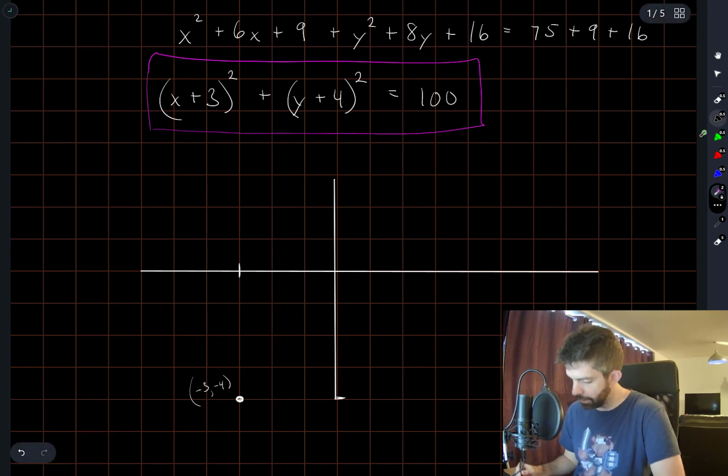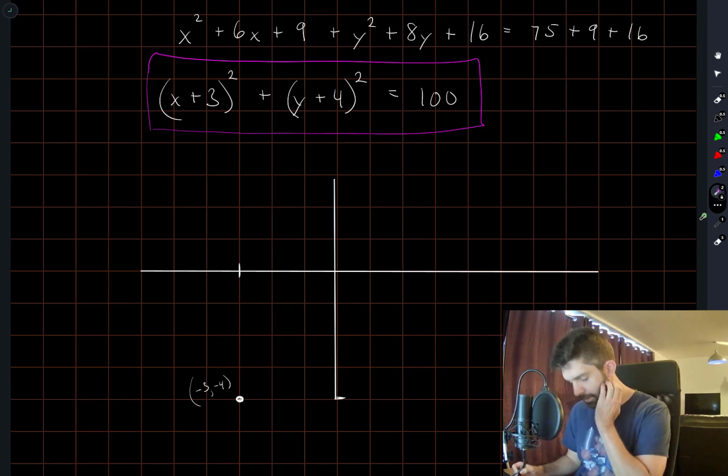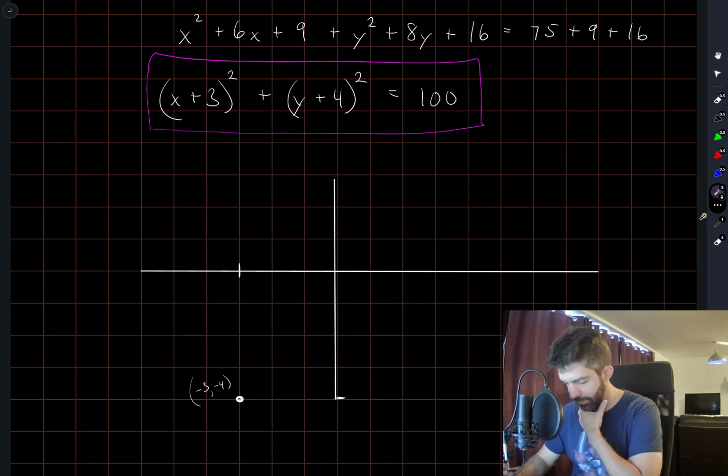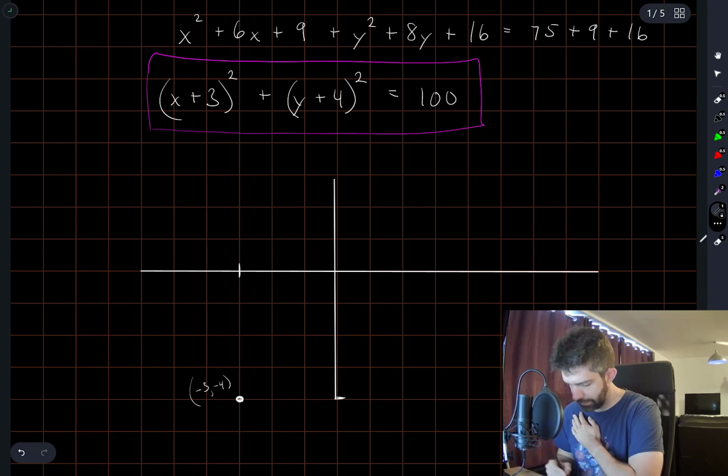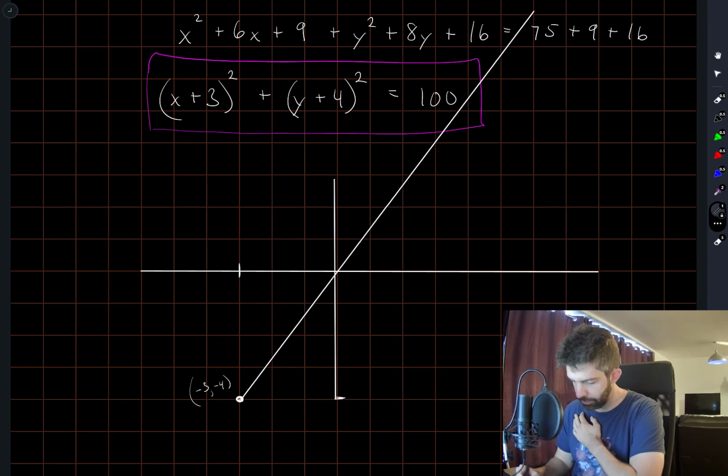I'm going to draw a straight line. Wait, what is the best way to do this? If I draw a straight line from the center through the origin, that will intersect the circle out here somewhere. But will that be at the closest point?